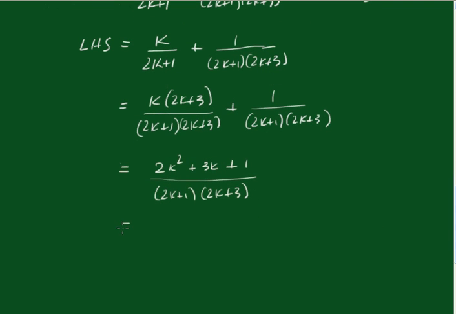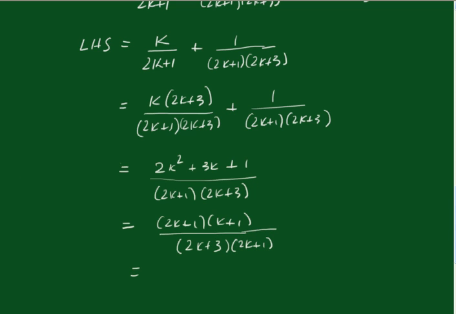Now when you factorize that top line, you get (2k plus 1) times (k plus 1) all over (2k plus 1)(2k plus 3).